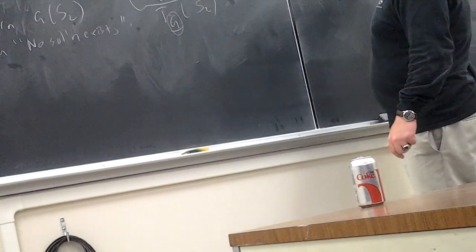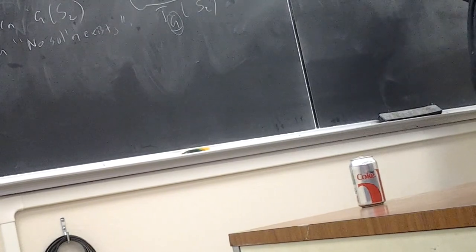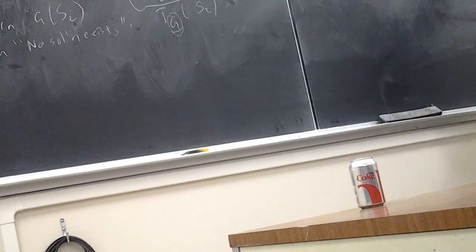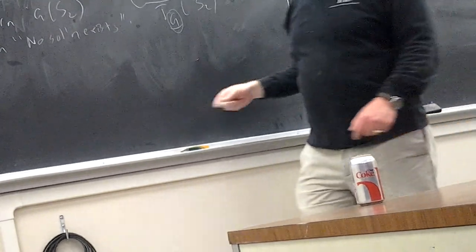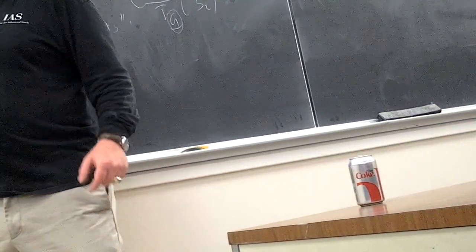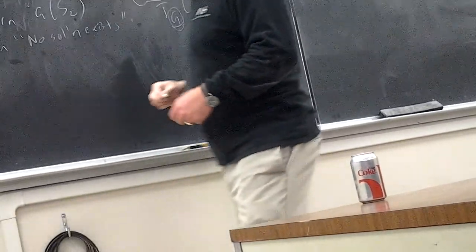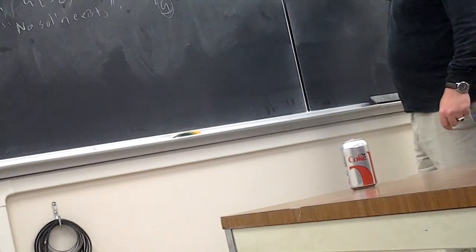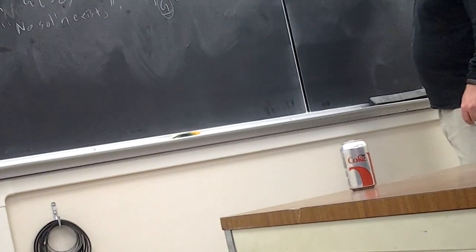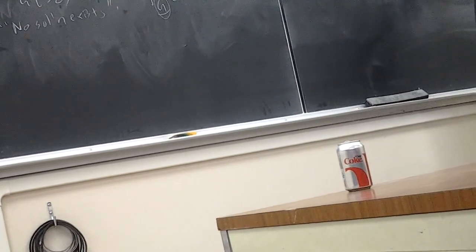So if F and G are both computable in polynomial time, and it meets all these conditions, then we call this pair the reduction.